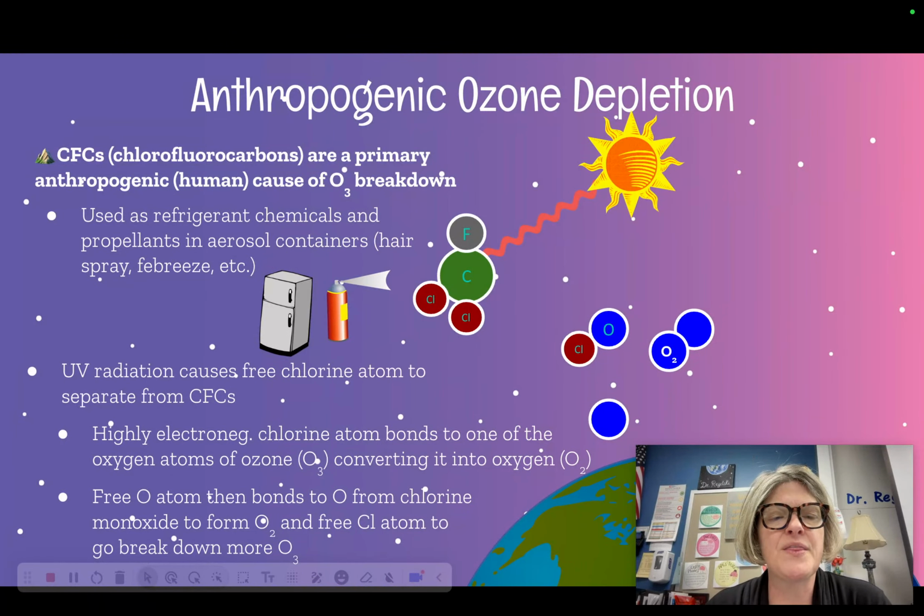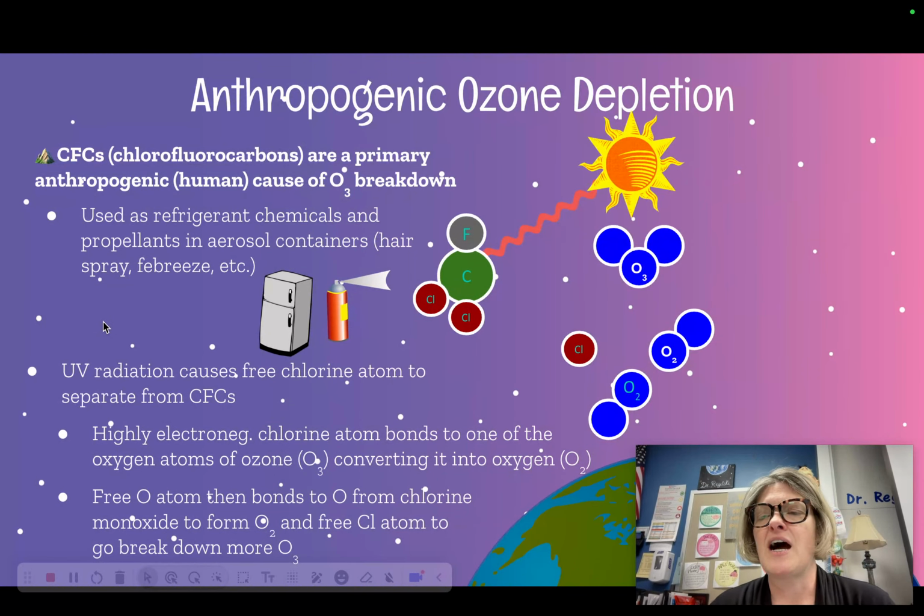And so then what happens is the free oxygens that are floating around in the atmosphere will strip off an O from chlorine. So that just happens over and over. It's a cycle that happens over and over again. And it can either form O3, or that chlorine can go and strip off another oxygen.